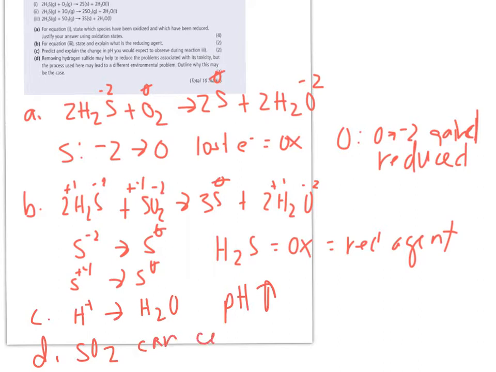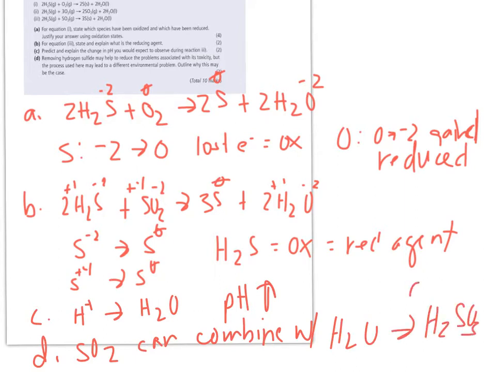SO2 can combine with water, and when that happens, you get H2SO3, and that's a component of acid rain. So you have to be careful that in trying to help one problem, you don't actually create another problem.